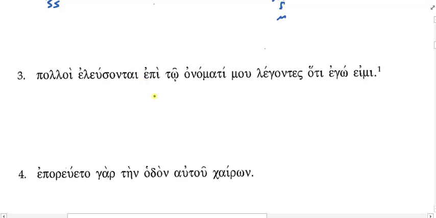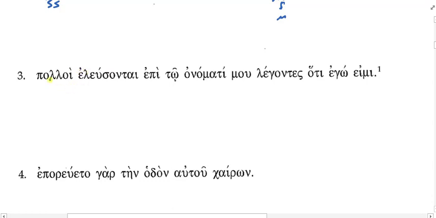Have y'all heard him refer to the hoi polloi? Who are the hoi polloi? That's the many, the masses, the crowds, the average people out there. All right? So, polloi, many.